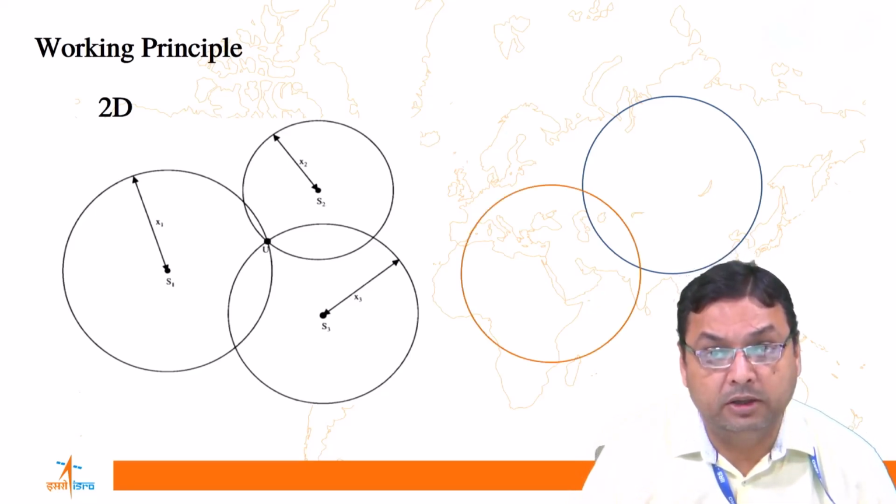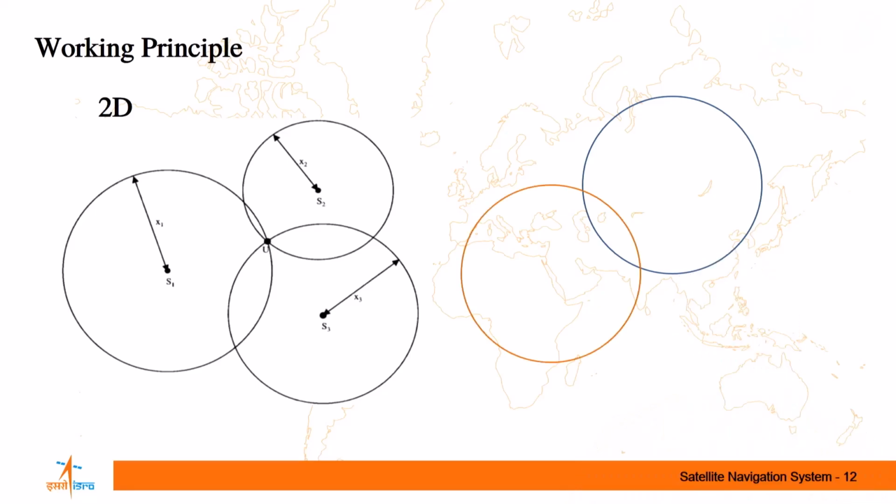So even the regional systems as shown here, even the regional systems earlier, they also used to provide the 2D navigation, like the Cyclone and the Transit systems which were developed by Russia and the US during the 1960s and 70s, because they were using the Transit and Cyclone systems for many of the oceanic applications, where if they get a 2D solution that was sufficient, because they were using fewer satellites, and Z can be assumed to be the mean sea level.